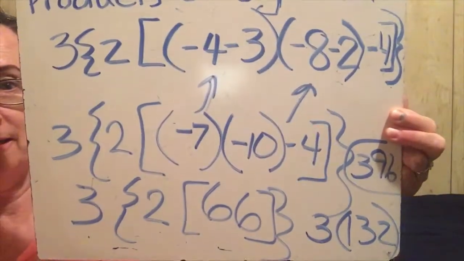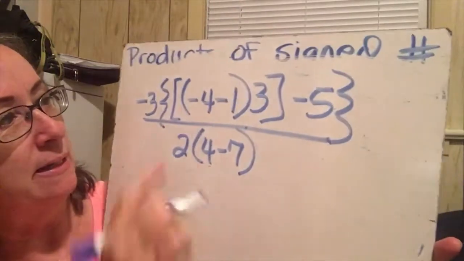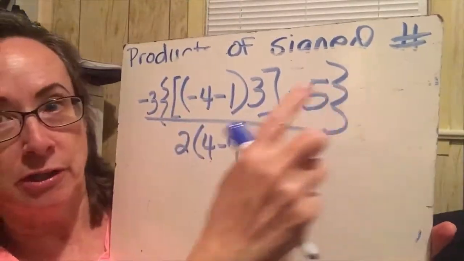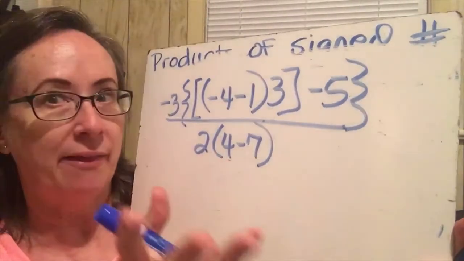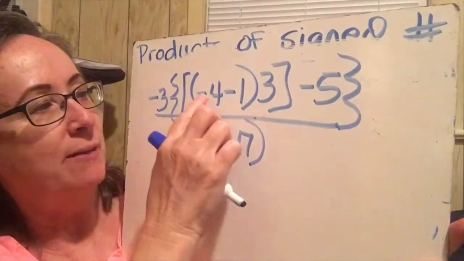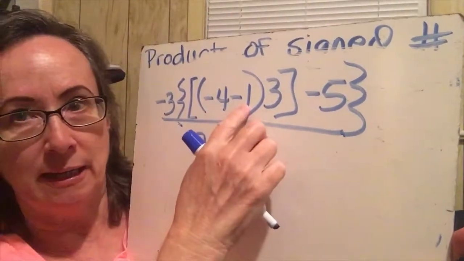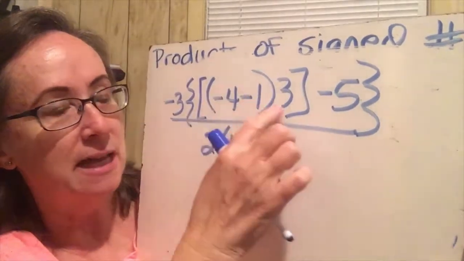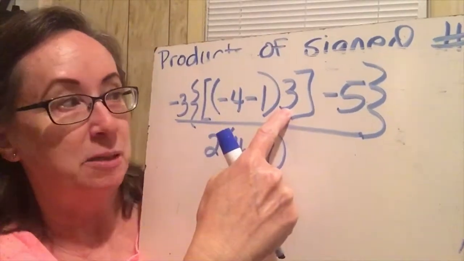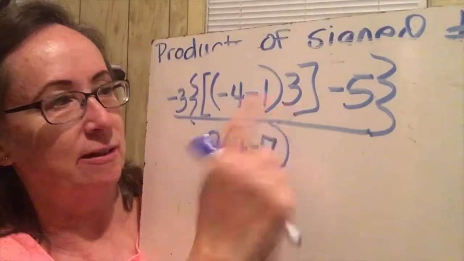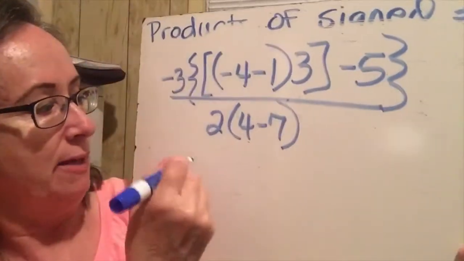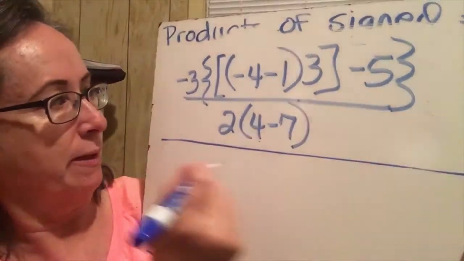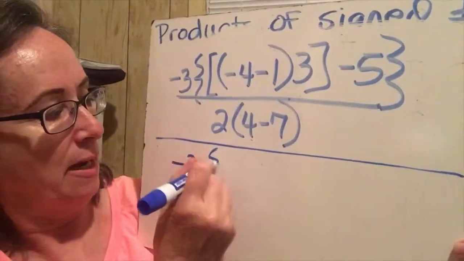Okay, next practice. On this one, we're going to do the numerator, then the denominator, and then put them together. So we have -4 minus 1 is a -5. And then -5 times a 3 is going to be a -15. So let's write that out. So we're going to have negative, we'll just put a big one there, -3.